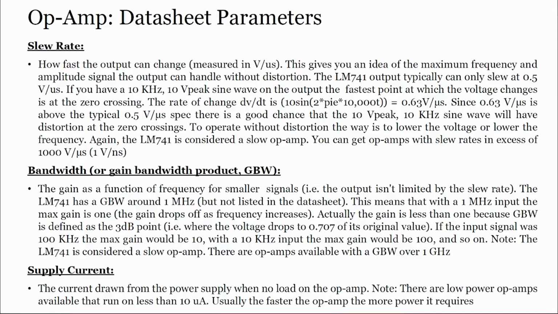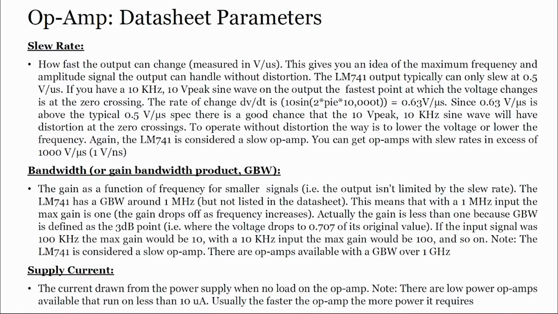Let us see this example. The LM741 output typically can only slew at 0.5 volt per microsecond. If you have performed the slew rate experiment, you will know that it is around 0.5 volt per microsecond. Now, if you have a 10 kilohertz, 10 volt peak sine wave on the output, the fastest point at which the voltage changes is at zero crossing.